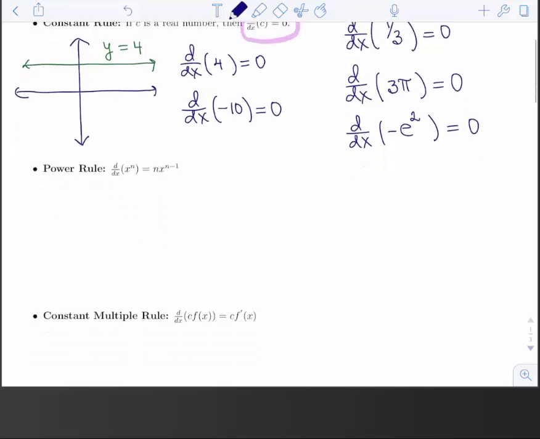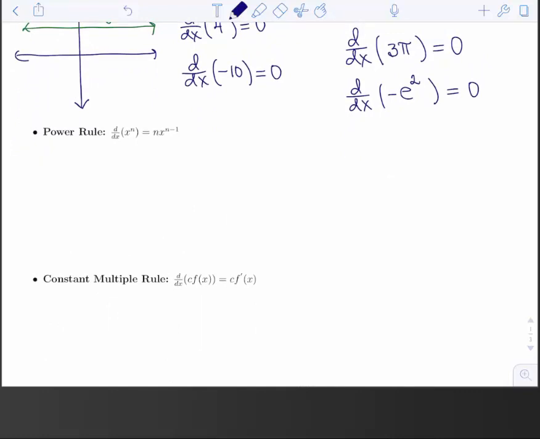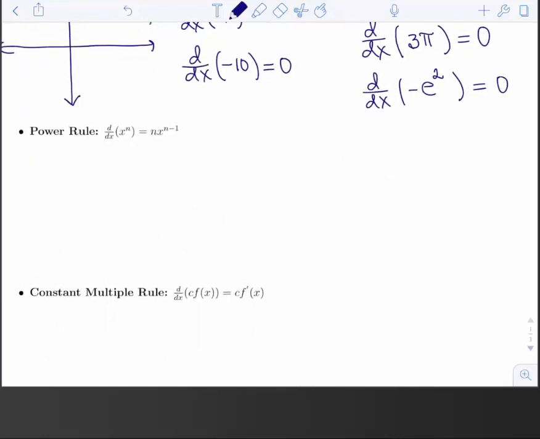The next rule says that if I have x raised to a power, then to differentiate it, I need to bring the power down as the coefficient and then reduce it by 1. So how would I apply this? d dx of, let's say, x to the 5th. It is 5 times x to the 5 minus 1, which is 4. Okay.